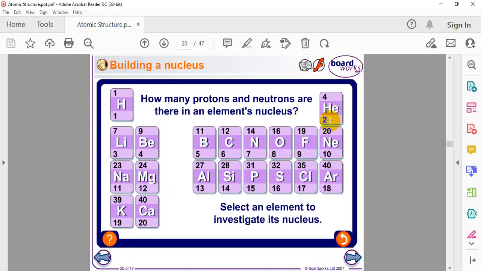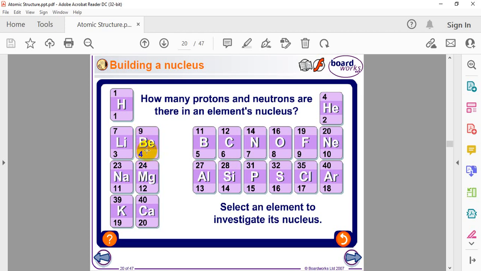Helium has 2 protons, 2 neutrons. 2 plus 2 gives us 4. Lithium, 3 protons, 4 neutrons. 3 plus 4 gives us 7. Beryllium, 4 protons, 5 neutrons. 4 plus 5 gives us 9.